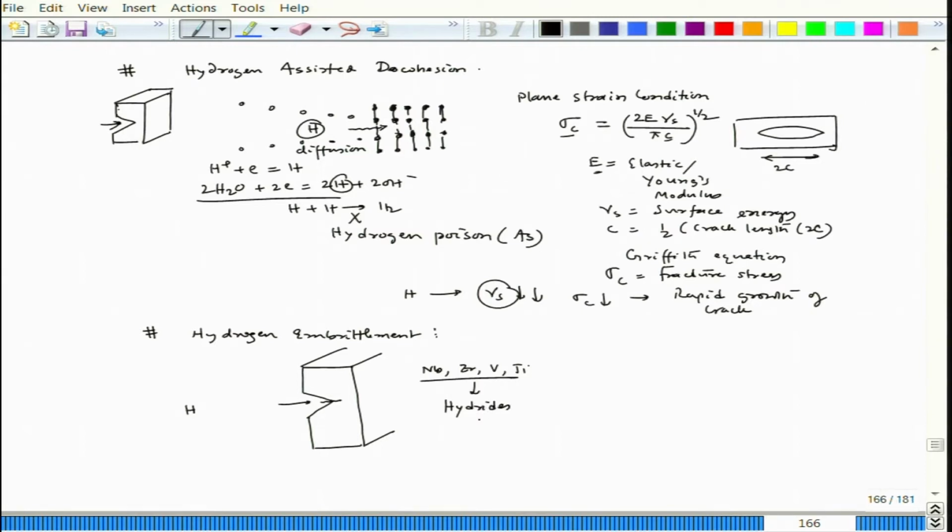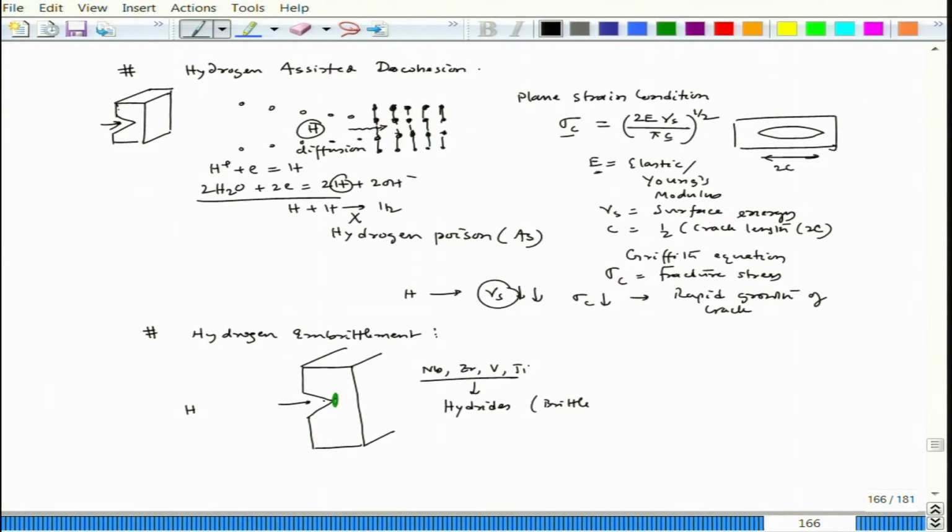These hydrides are extremely brittle. Now, let us say this is my hydride that has formed around that zone. What happens?